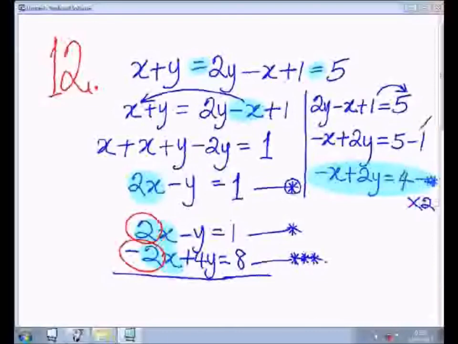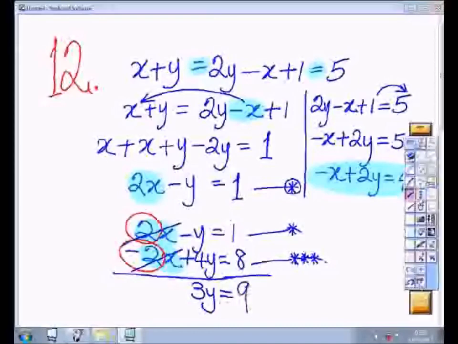So we go on and we say 2x plus negative 2x, that will give nothing, they will cancel themselves. And when we add also minus y and 4y, we get 3y. And 1 plus 8 will give us 9.